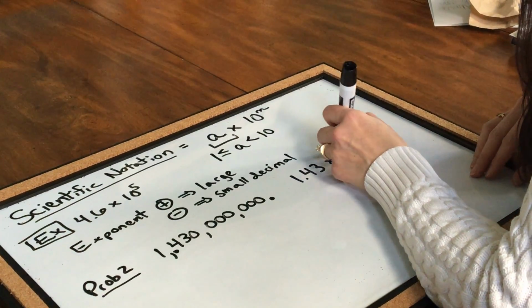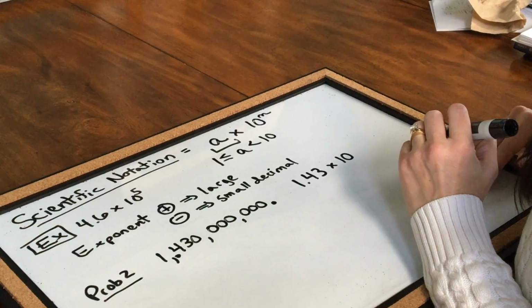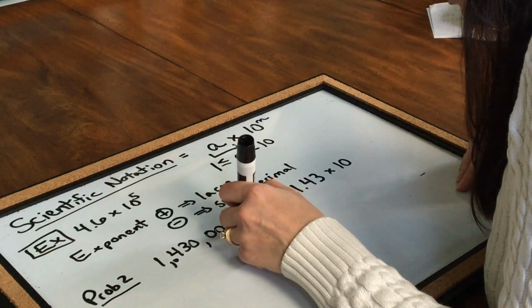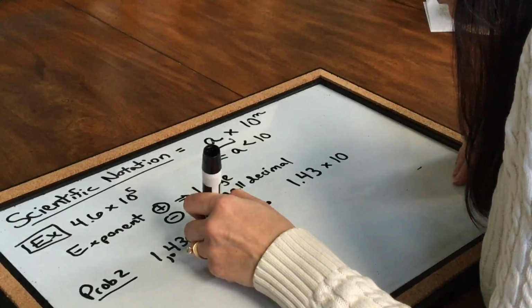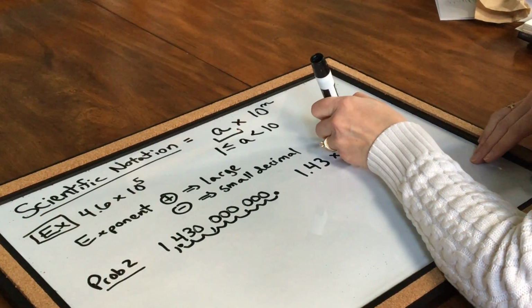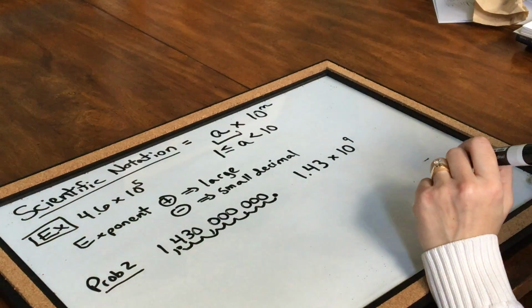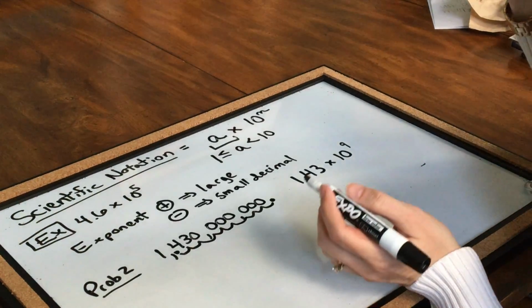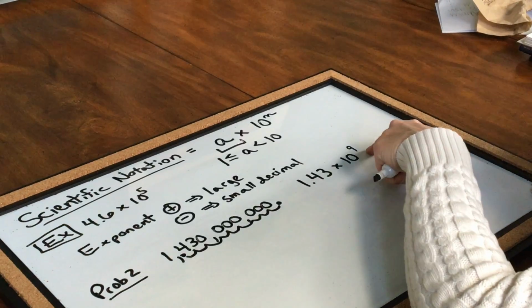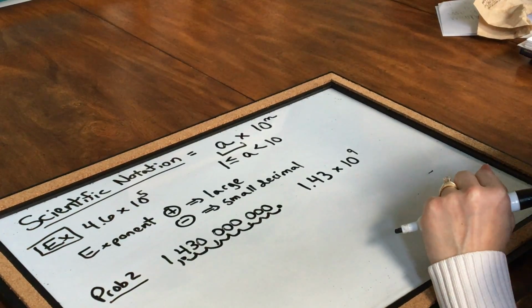Then I'm going to count the number of moves: 1, 2, 3, 4, 5, 6, 7, 8, 9 moves. So my exponent is 9. Last but not least, I ask myself, should the 9 be positive or negative? Well, I'm dealing with a very large number, so the exponent should be positive.